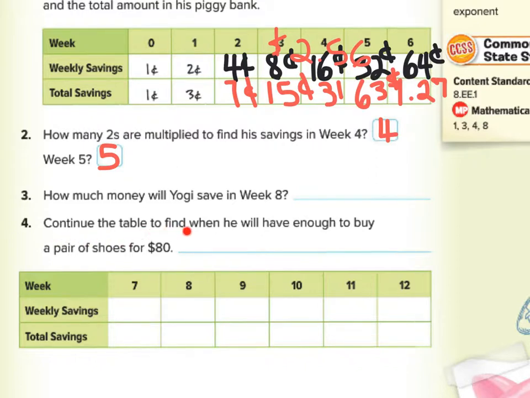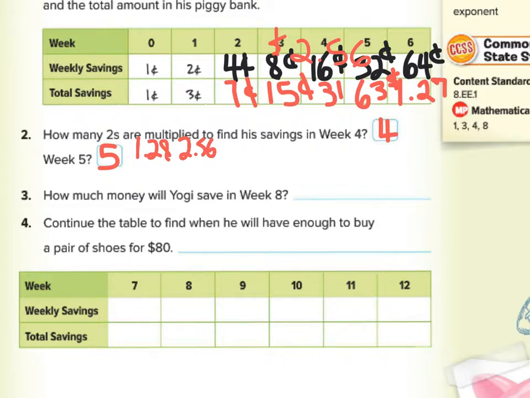Continue the table to find when he will have enough money to buy a pair of shoes for $80. Okay, if we continue the table at week 7, we double 64 up here. Remember, each week it gets doubled. Double 64, we get $1.28. Double $1.28, we get $2.56.